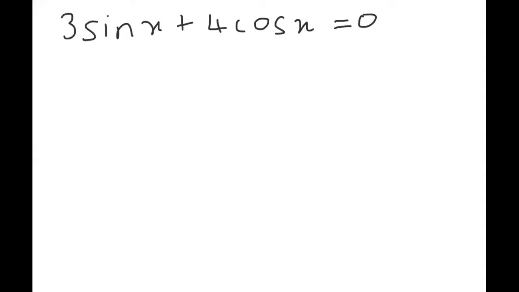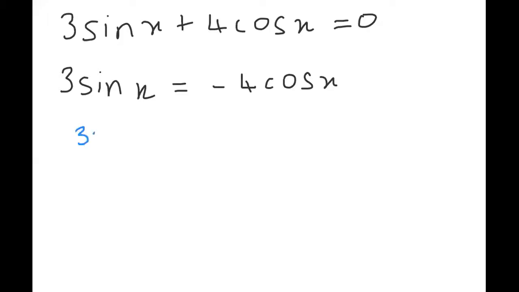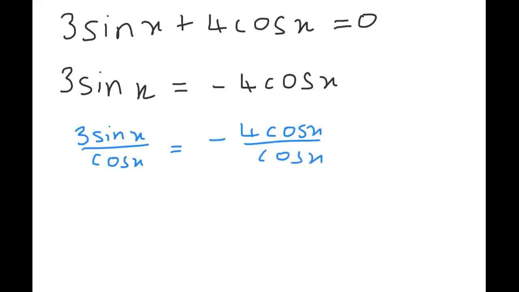First, I'm going to take the cos part to the right. That becomes a minus. Then I'm going to do similar to what I did earlier, divide everything by cos, because if I divide by cos, I can again eliminate one of the two. So let's just divide by cos and see what we get.